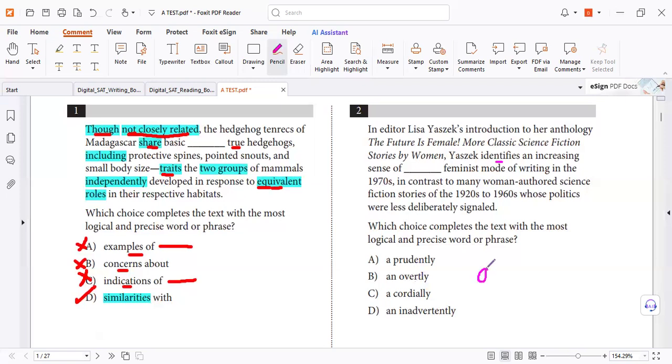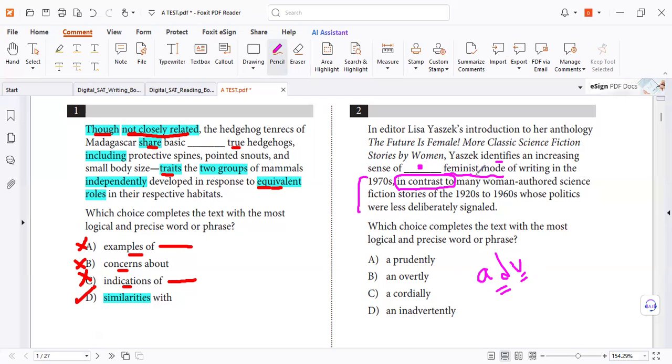So we have an adverb, and the adverb will modify an adjective or verb or another adverb. Here we have an adjective. So we need a word to describe the feminist mode of writing. Look, in contrast to. So the contrast technique of writing. So your answer here must be opposite to something mentioned here.